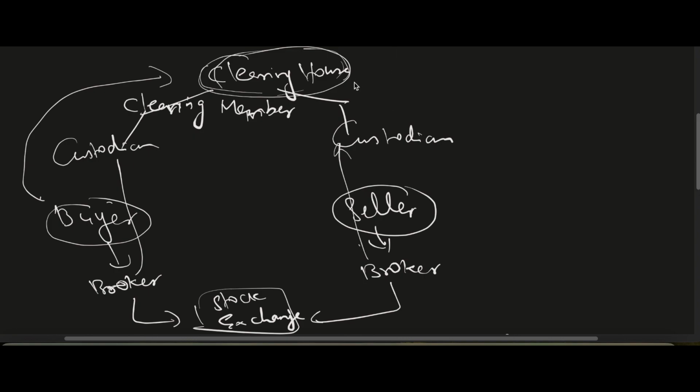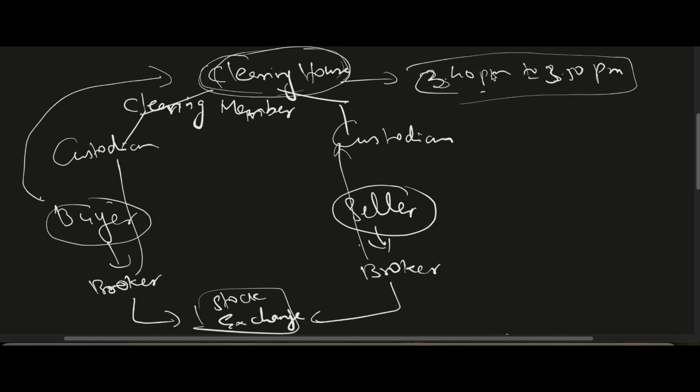They have certain tools by which they handle this. For example, there is a specific window which opens in India from 3:40 p.m. to 3:50 p.m., and certain investors can participate in it. This is called an auction in India, whereas in the US the terminology used is buy in and sell out.